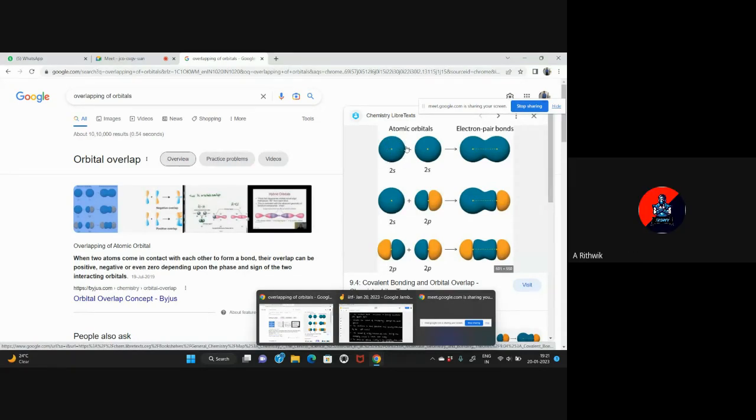The yellow dot you are able to see is nothing but the center of the nucleus, and the remaining green part is the orbital, the electron cloud. This blue color represents the electron density.